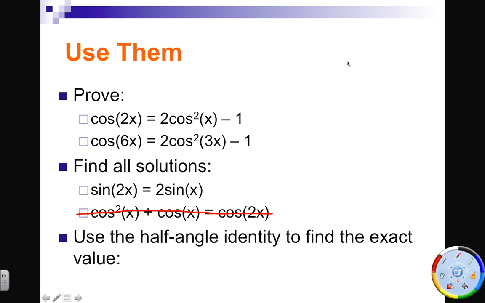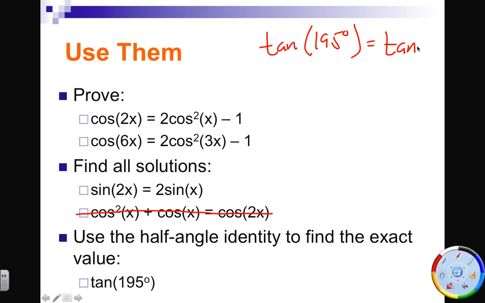All right, I want to use the half angle identity on this next one, and I want to find the exact value. So up here at the top, I'm going to say, okay, tangent of 195 degrees is actually equal to tangent of something over 2. Well, if I just multiply this by 2, I get 390.